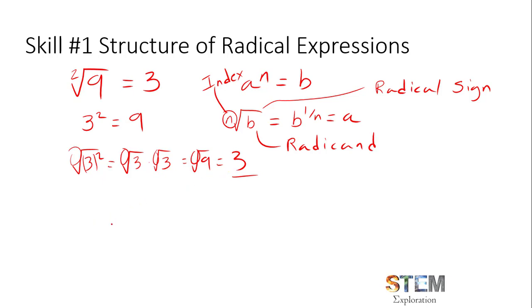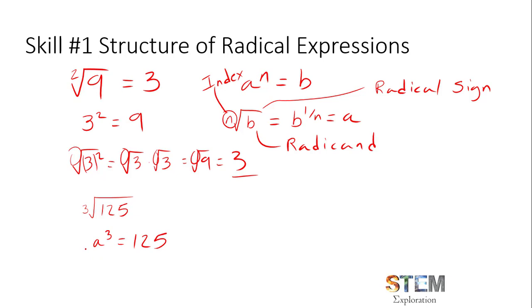But if we're looking at something with a higher root power, let's say the cube root of 125, the idea here is, if you have some value a to the third power equal to 125, what is a?